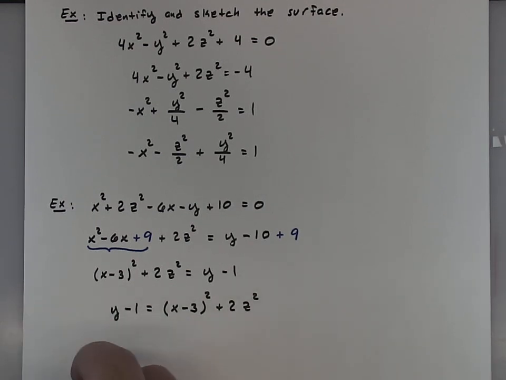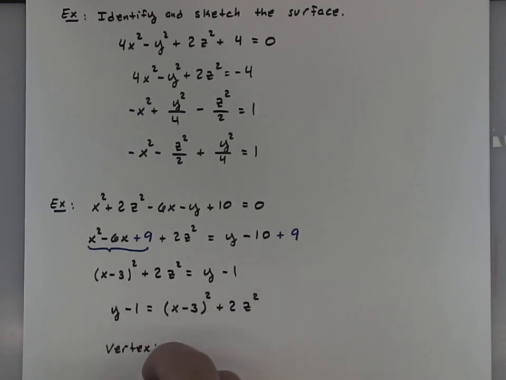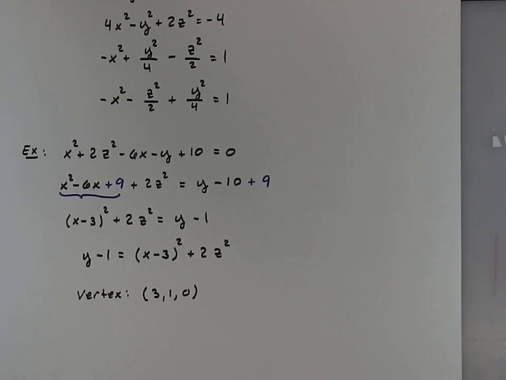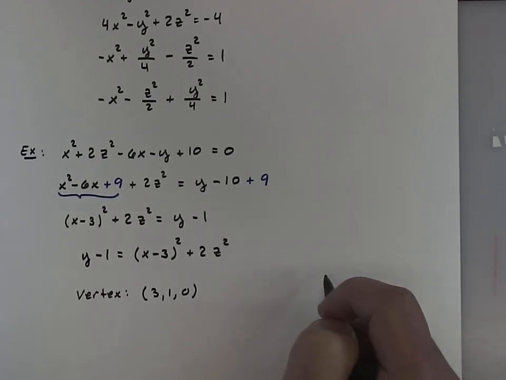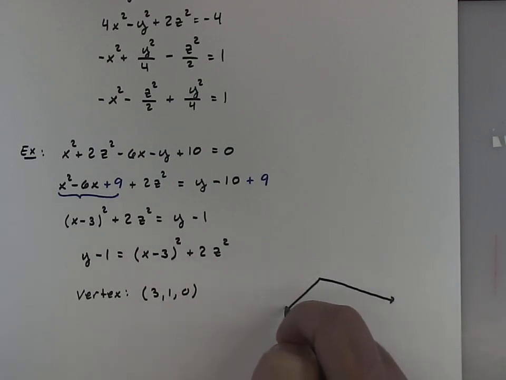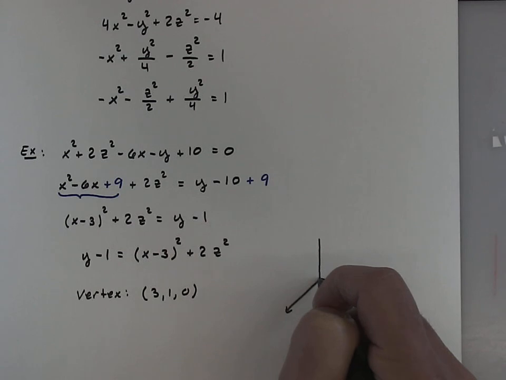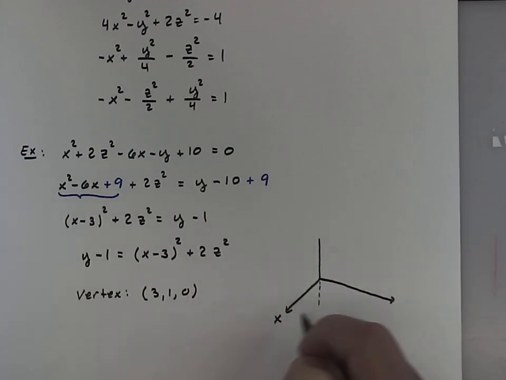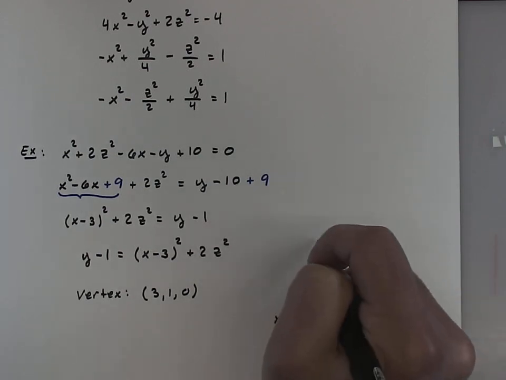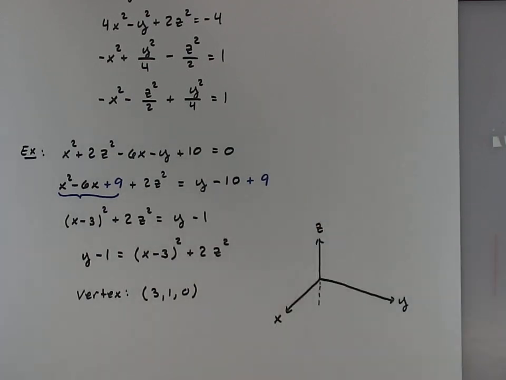So the vertex is 3, 1, 0. And the graph would look like this.